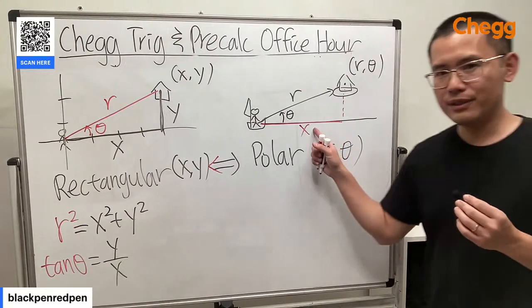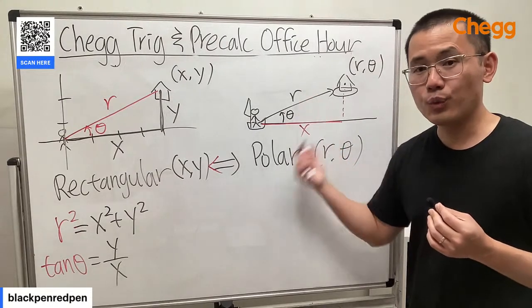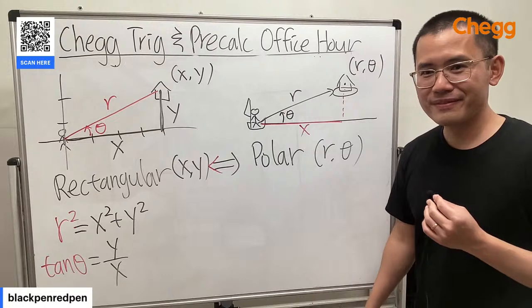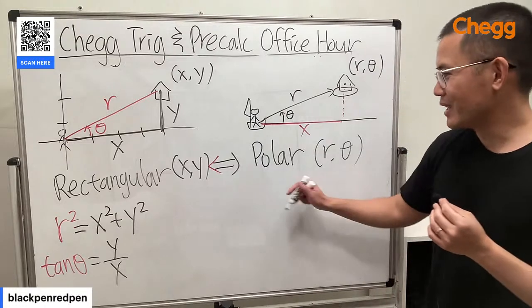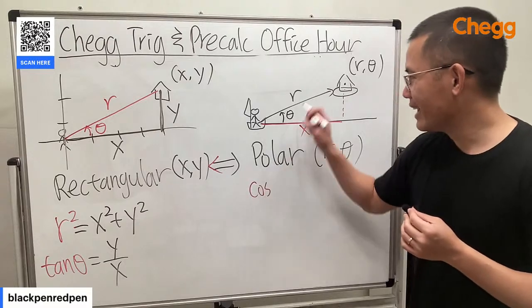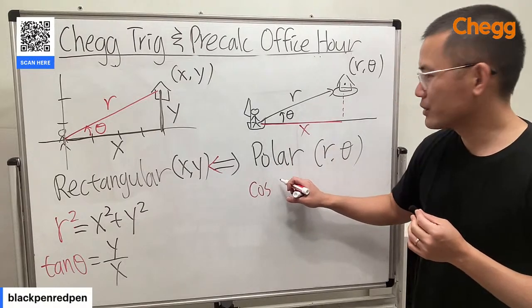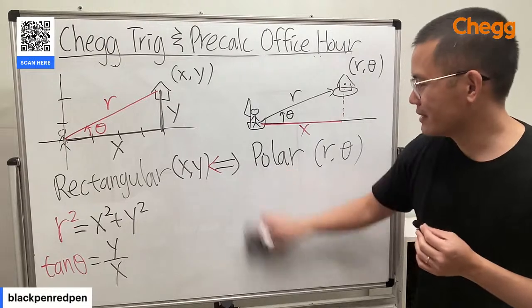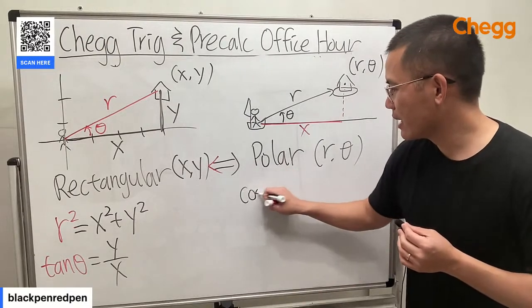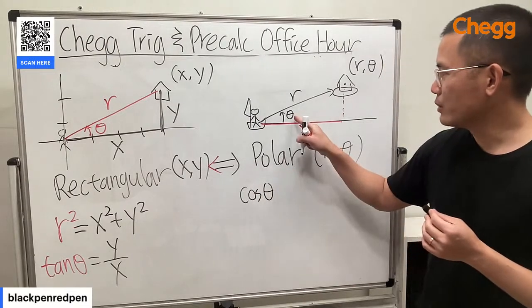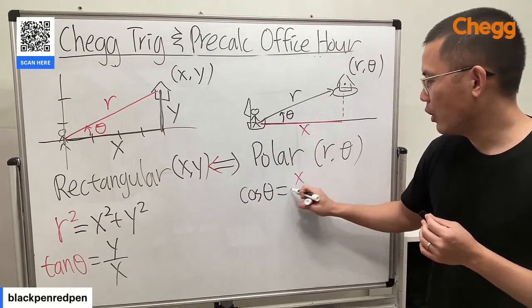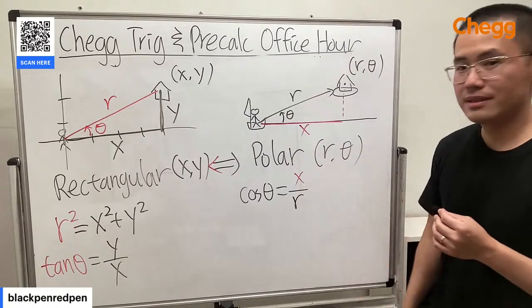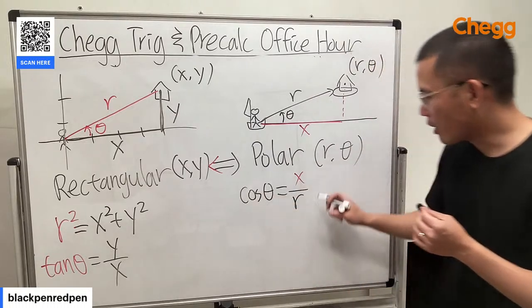Now we have adjacent, hypotenuse. What can we do? Yes, cosine. Cosine theta is equal to adjacent over hypotenuse. Now multiply r to both sides.